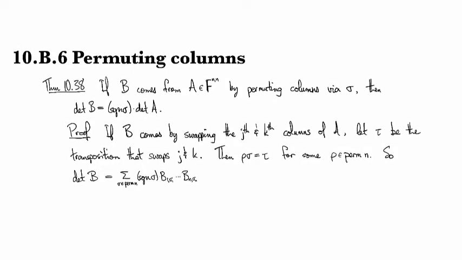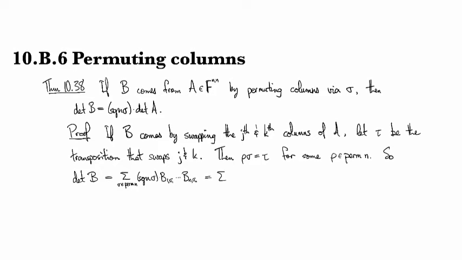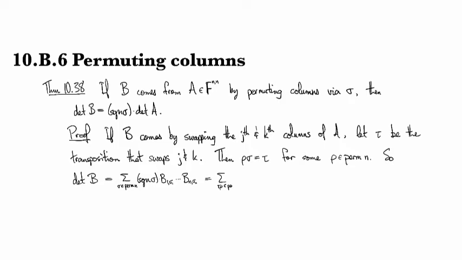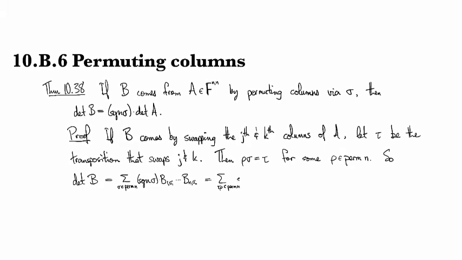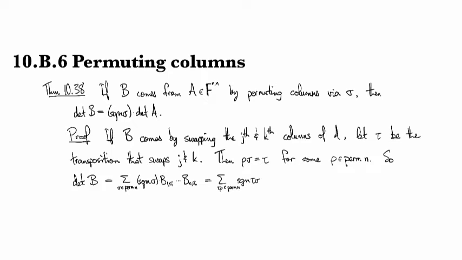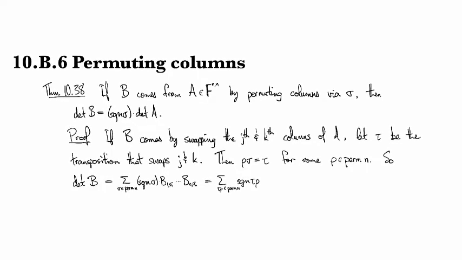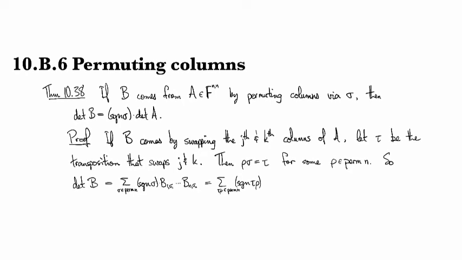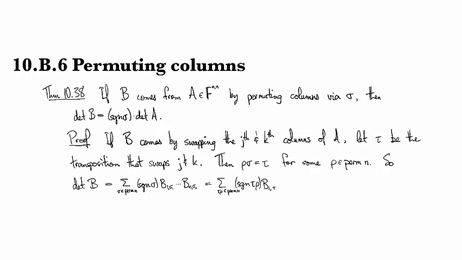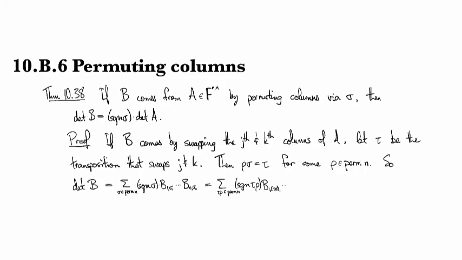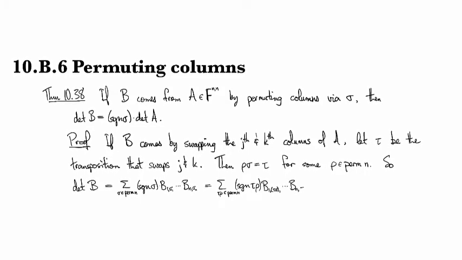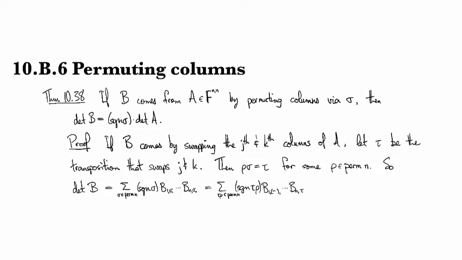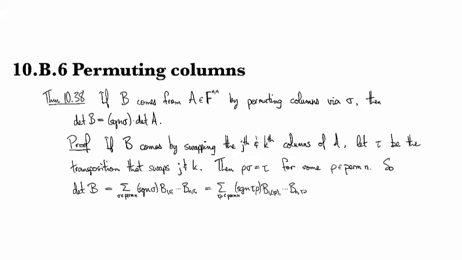And then this will be the sum over tau rho in Perm n, with the sign of tau rho. So I'm just basically changing the dummy variable of summation here. So we have B_{1,tau rho(1)} through B_{n,tau rho(n)}.